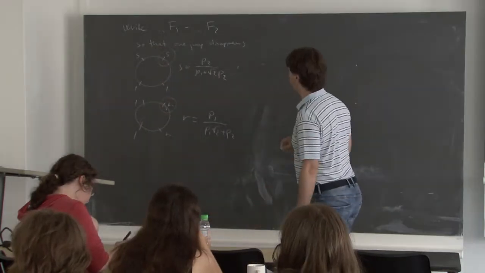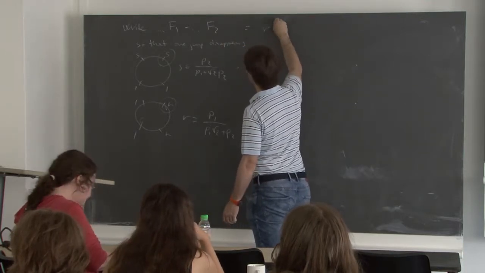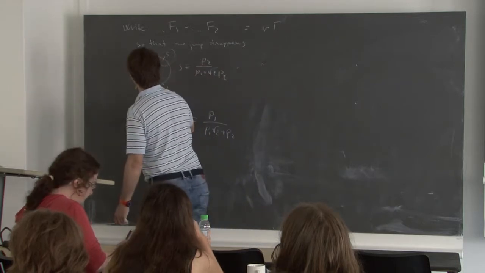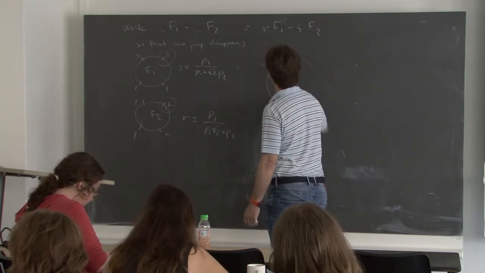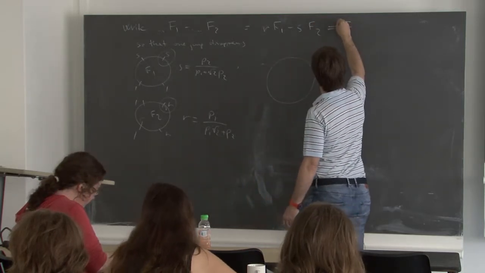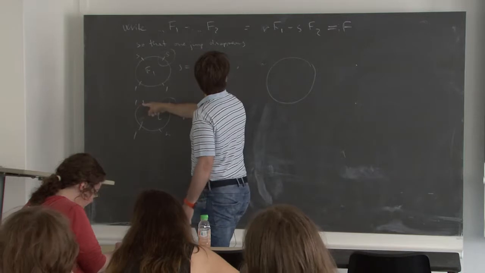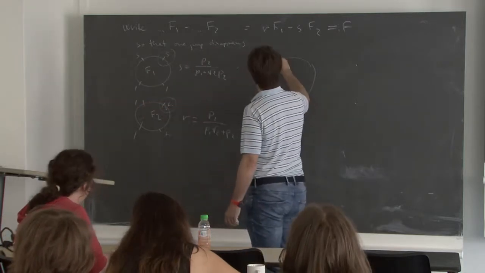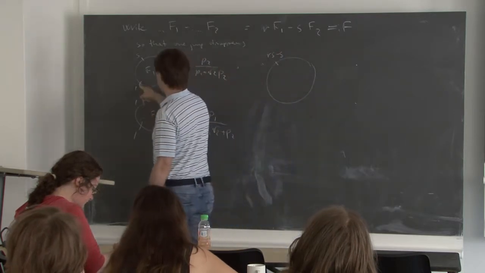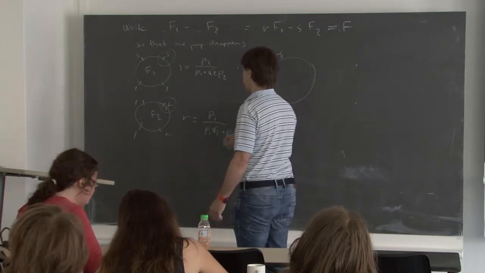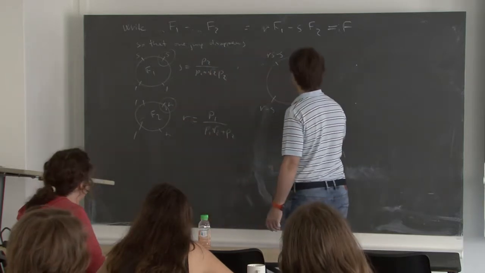So what you write then, you write R, so this is F1, this is F2. You write R F1 minus S F2, and this new function, well, let's say F, it will have jumps, so here it will have RS minus S, so RS minus S. Here it will have jump R minus S. Here it will have jump R minus RS.